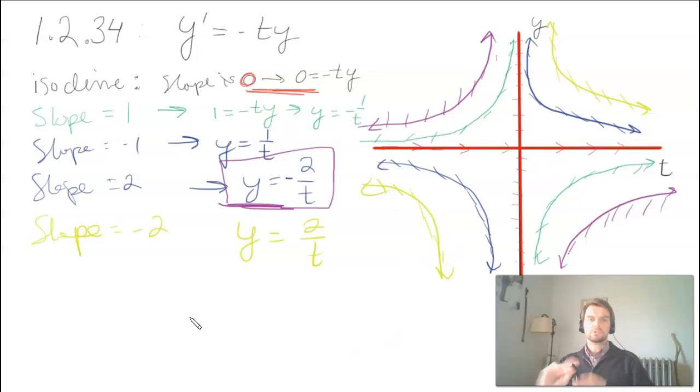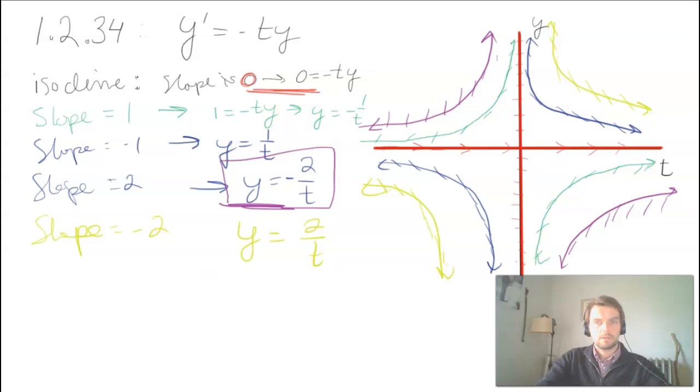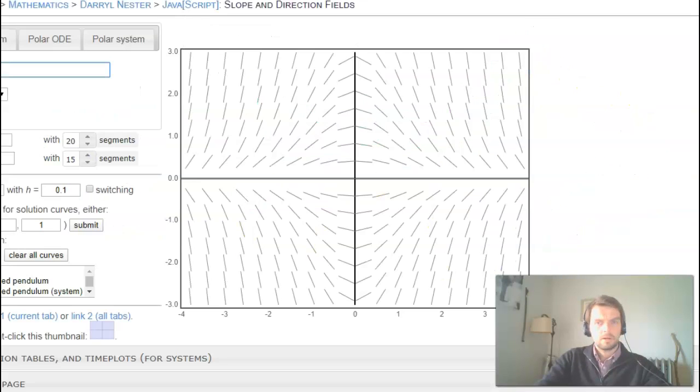To compare this to what it should look like, I have an image, and I'll pull it up here. So this is what the direction field should look like, and we see how we do have these same size slopes according to these hyperbolas.